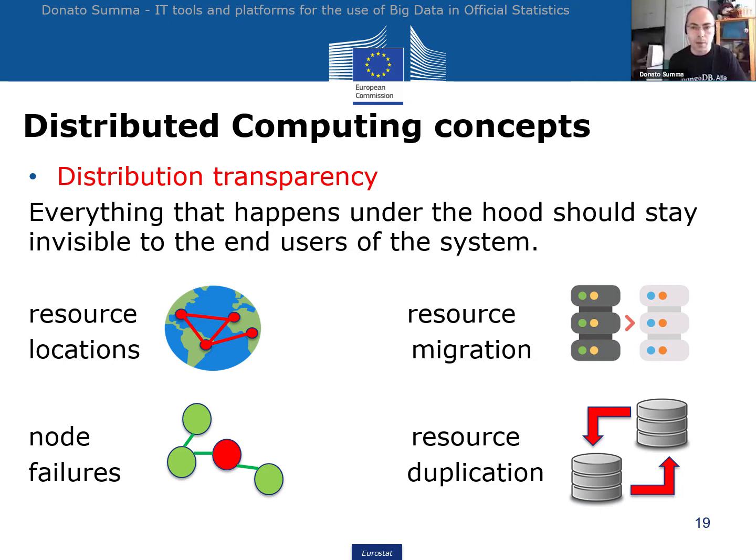So, for example, you are not supposed to be aware of the resource locations, for example the physical locations of the nodes in the distributed system. You are not supposed to be aware if a node crashes, or how the resources are duplicated in the system. All this stuff is called distribution transparency.